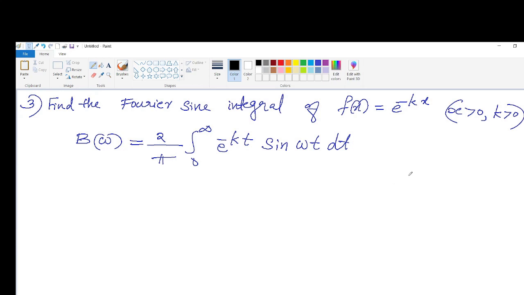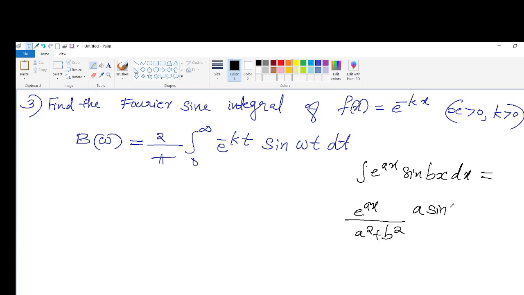Now here you can use the formula ∫ e^(ax) sin bx dx = e^(ax) divided by (a² + b²) times (a sin bx − b cos bx). Now you can use that formula here.